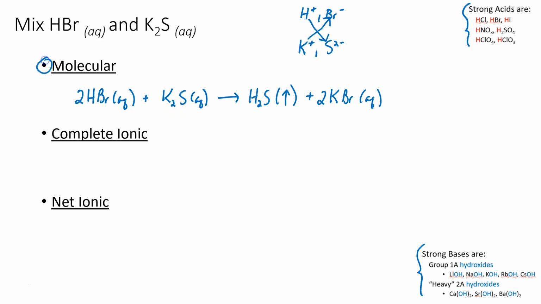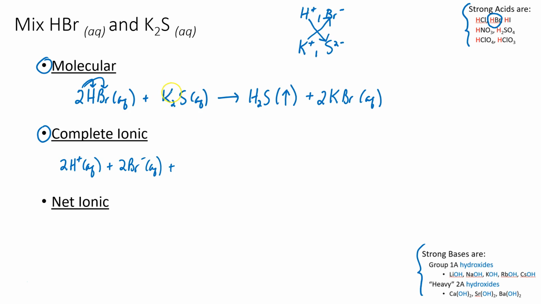So that's the molecular. Now in the complete ionic, the question is, do we dissociate these? Well, HBr is a strong acid, so it dissociates 100%. In this case, we'll have 2 H pluses and 2 bromides. And what about your potassium sulfide? This is a soluble ionic compound.